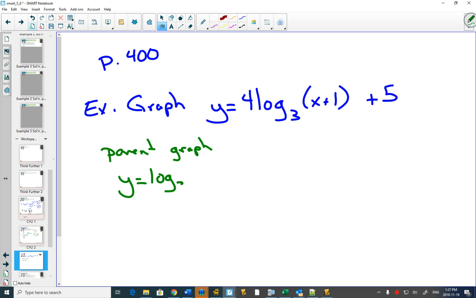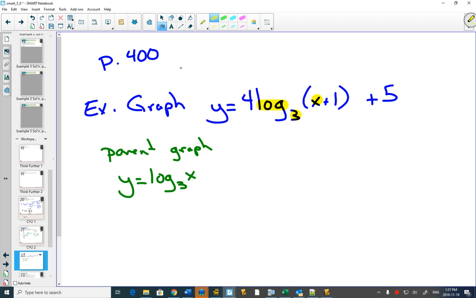It's a log base 3 of x. And I'm going to take out my highlighter, and I'm going to highlight log base 3 of x in my equation, just so I remind myself that that's part of my parent graph. The 3 is not a transformation.